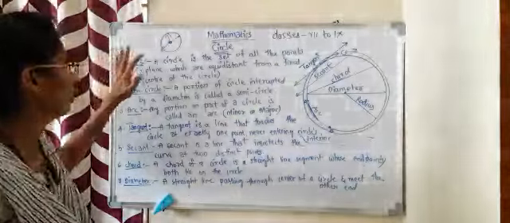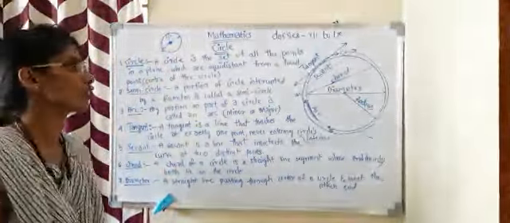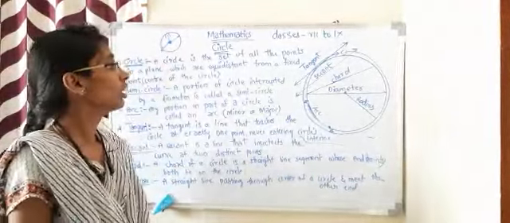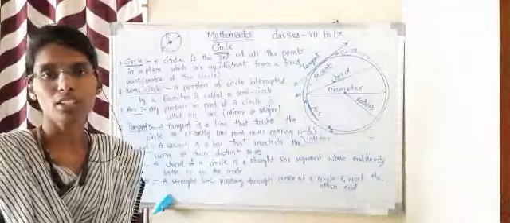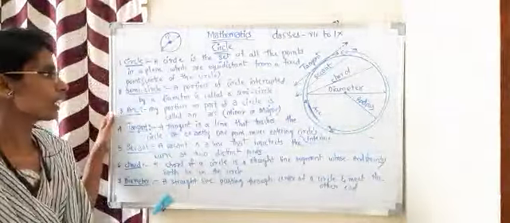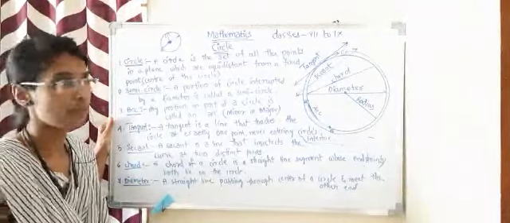A circle is a set of all the points in a plane which are equidistant from a fixed point, which is called the center of the circle. So a circle is a set of all the points which are equidistant from the center. Semicircle: a portion of a circle interrupted by a diameter is called a semicircle.